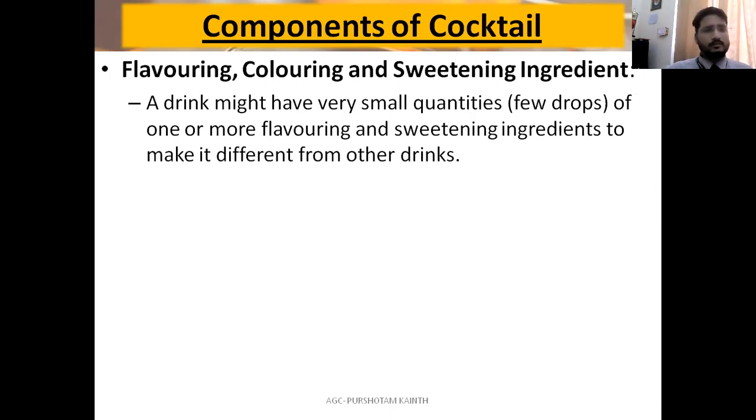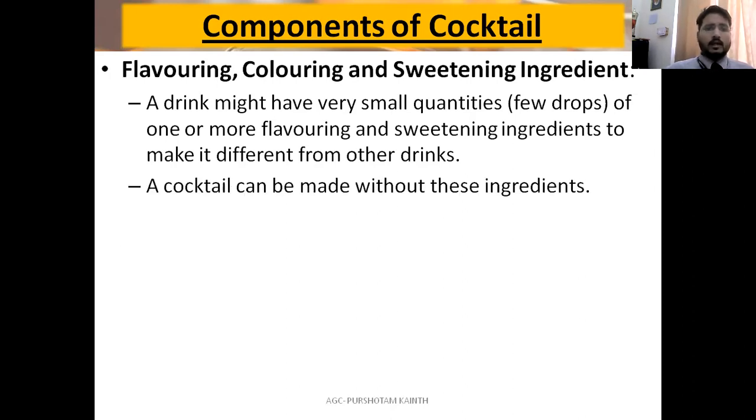This is very important: it is not mandatory that we must put flavor, colors, or sweetening ingredients. There is no compulsion for this. We can prepare a cocktail without these things.